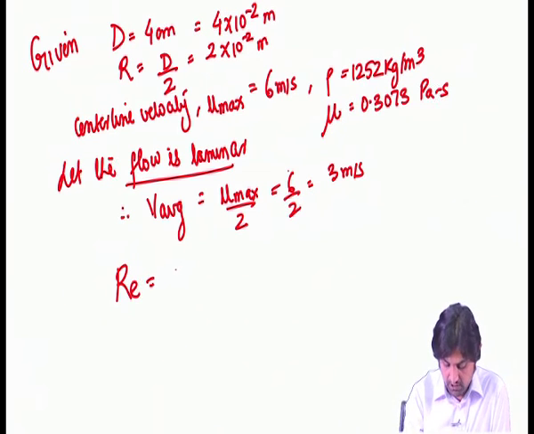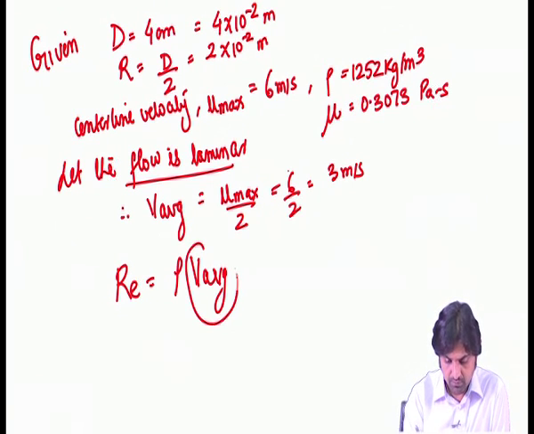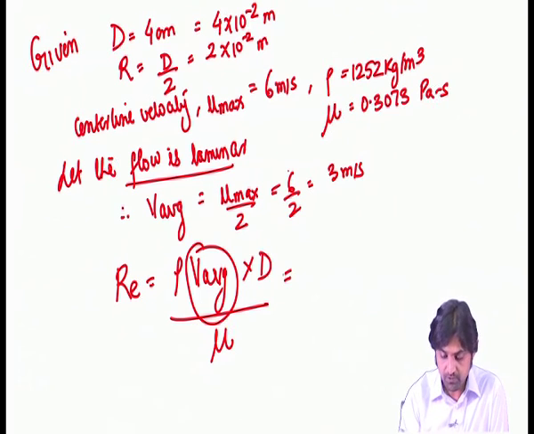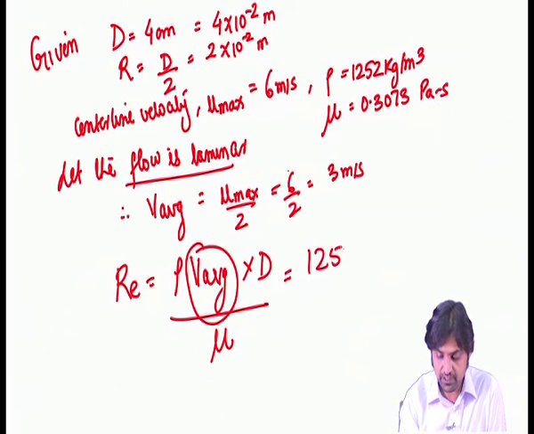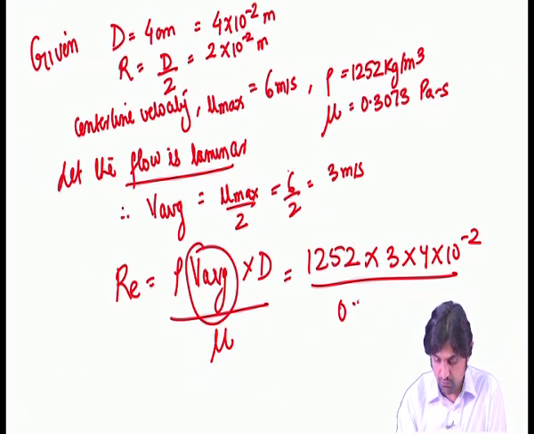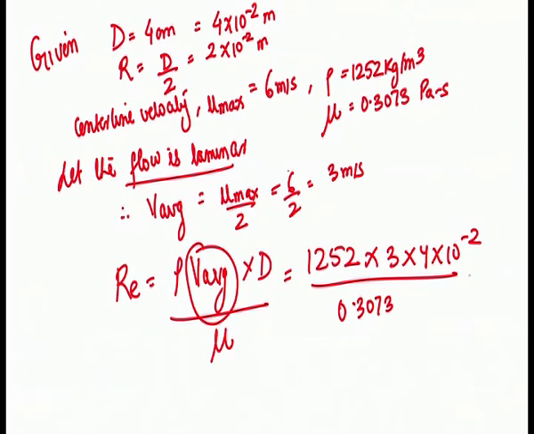We say Reynolds number is rho V average, okay, this is one term, multiplied by D by mu, okay, because in the definition that we saw it was nu, and nu is mu by rho, so rho goes up. So it is 1252 into 3 into 4 into 10 to the power minus 2 divided by 0.3073, and that comes almost 489.